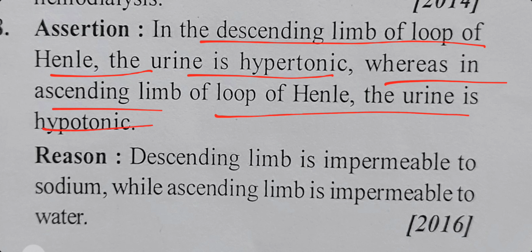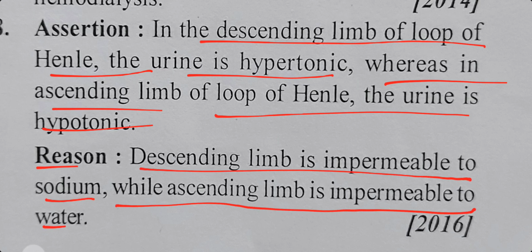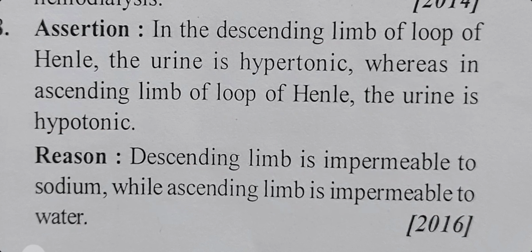Coming to the reason: descending limb is impermeable to sodium, while ascending limb is impermeable to water. So the statement is true. The descending limb is impermeable to sodium but permeable to water, while the ascending limb is impermeable to water but permeable to ions. So the sentence given in the reason is true, and this is the right explanation for the given assertion.